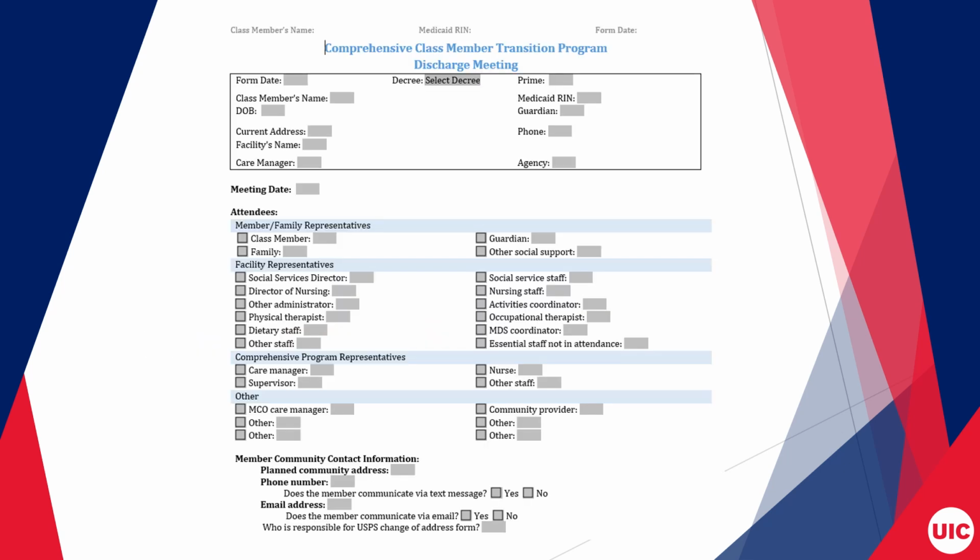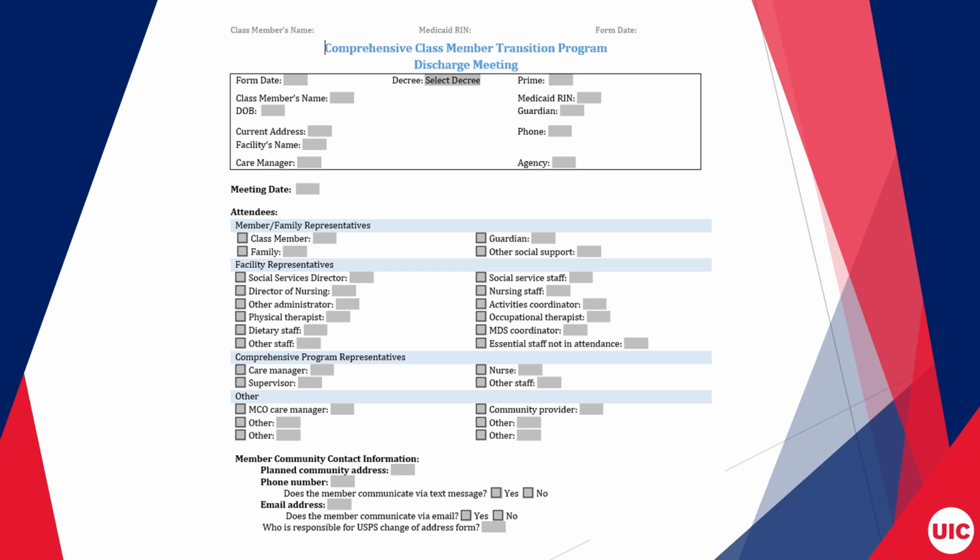A discharge meeting guide has been developed to assist primes in ensuring that all needed components of the discharge meeting are covered. While it is an optional tool, not a required one, primes may choose to utilize this tool to ensure that all aspects of care are addressed.